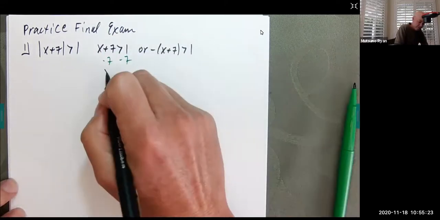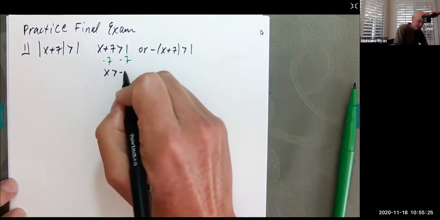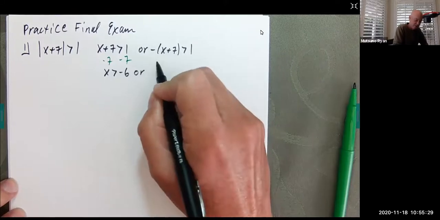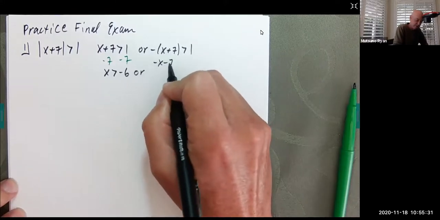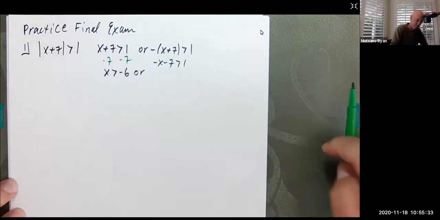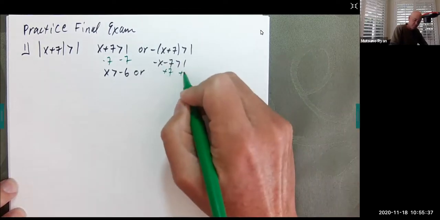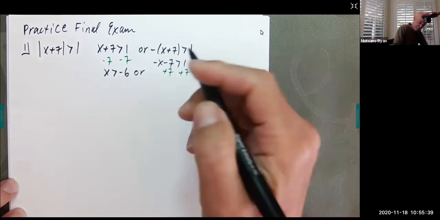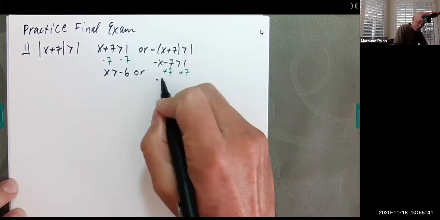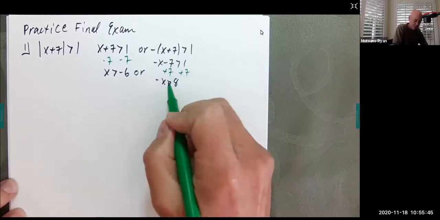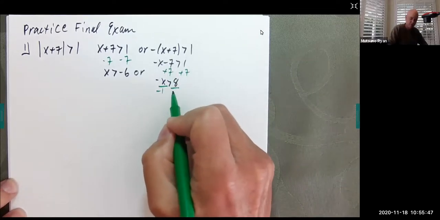So I get x is bigger than -6, or distributing the -1 here, I get negative x minus 7 is bigger than 1. Now, remember when you divide by a negative with an inequality, it switches the direction of the inequality.